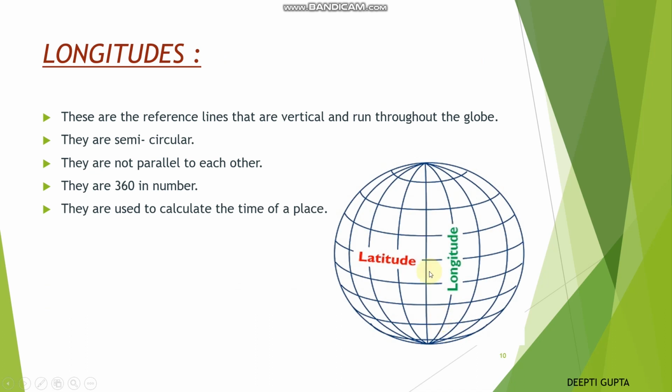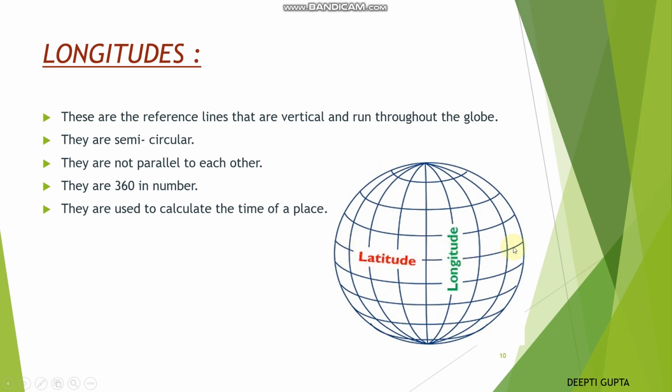Now coming to longitudes, these are the reference lines that are vertical and run throughout the globe. Here you can see the longitudinal lines. These are the long lines and these are the leti hui lines. Latitude means leti hui lines, the learning mantra I am telling you here, beta.